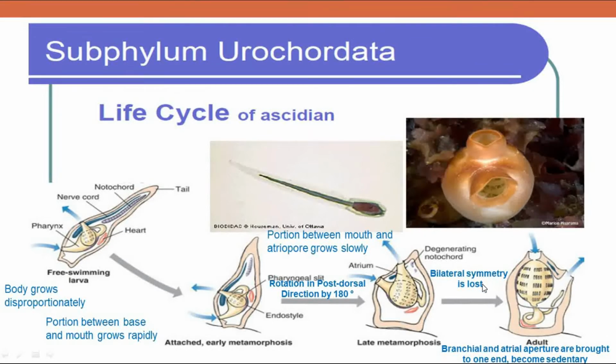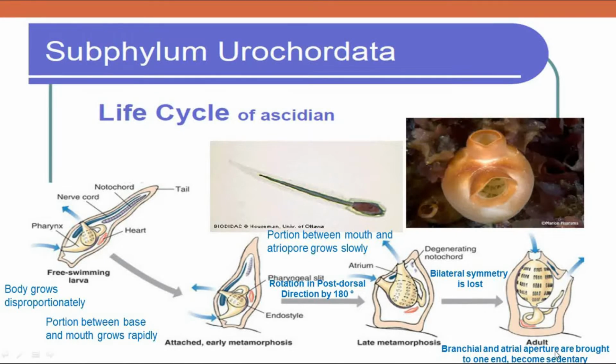Then bilaterally symmetrical, the larva was bilaterally symmetrical, but it is lost in the adult. Bilateral symmetry is lost, and now it has become an adult with branchial aperture and atrial aperture at the same end, at the upper end of the body.